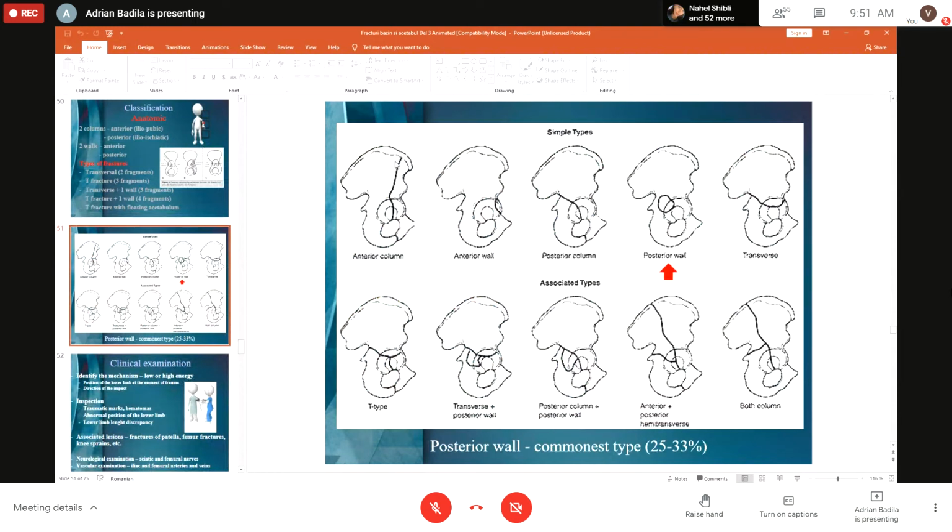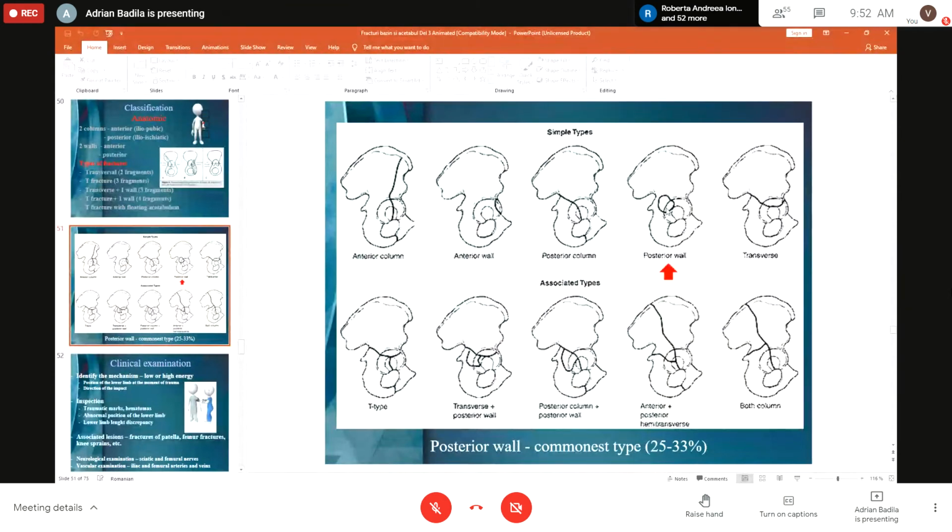This is a fracture of the anterior column. We have a longer fracture line and bigger fragments. In a fracture of the anterior wall, we have shorter fracture line and smaller fragments. This is a fracture of posterior column, long line of fracture, big fragments.